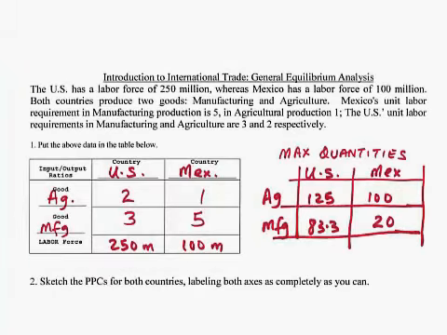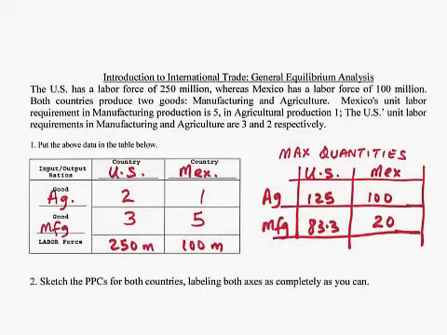As we did earlier, you would see that Mexico's labor force of 100 million, the unit labor requirement in manufacturing is 5, in agriculture is 1, and the analogous numbers for the United States are 3 and 2 for manufacturing and agriculture, 3 for manufacturing, 2 for agriculture. And if I wanted to calculate the maximum quantities of manufacturing and agricultural goods that can be produced in each country, I would have the country specialize.